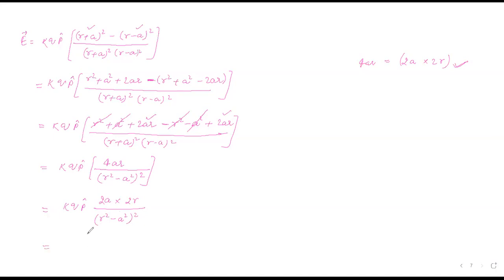Now again, we are going to arrange them. k, we have taken k. Okay. q into 2a. Look at here, q and 2a. What we have right now? p vector and 2r over r square minus a square.